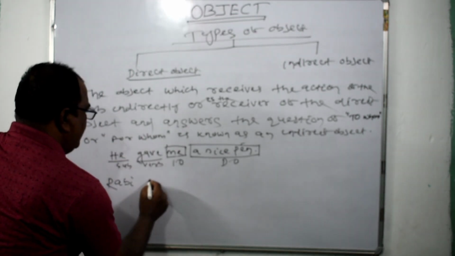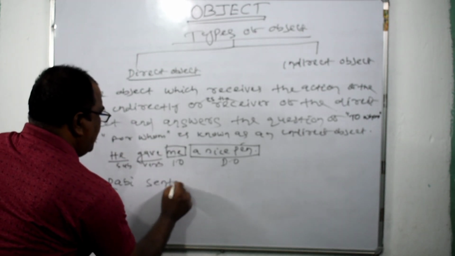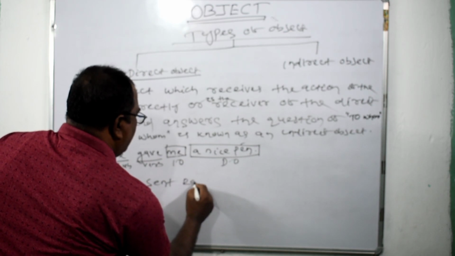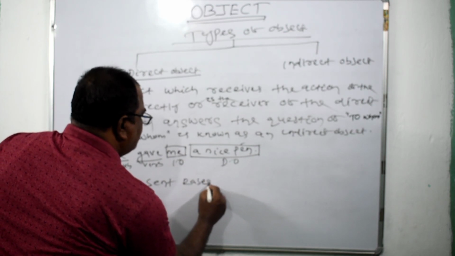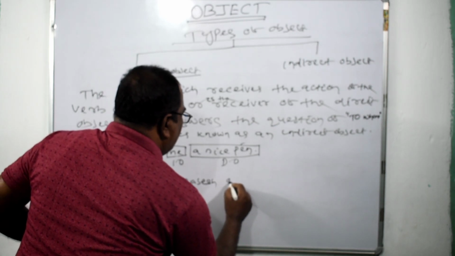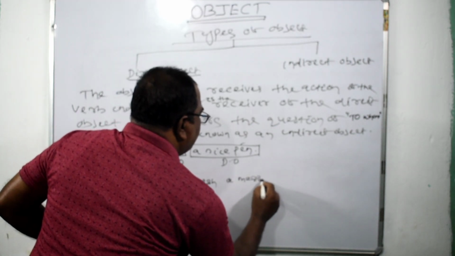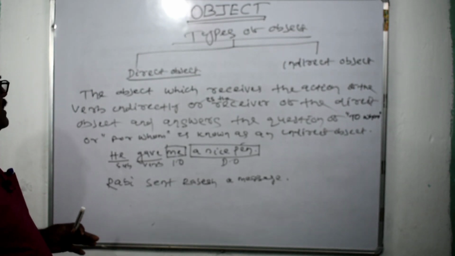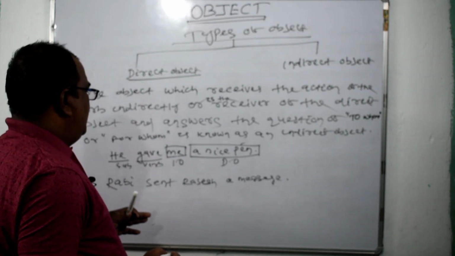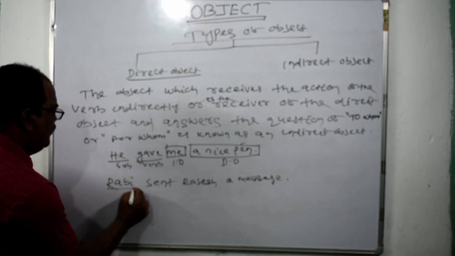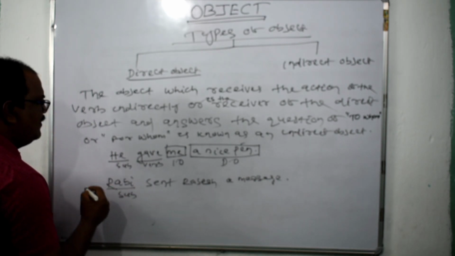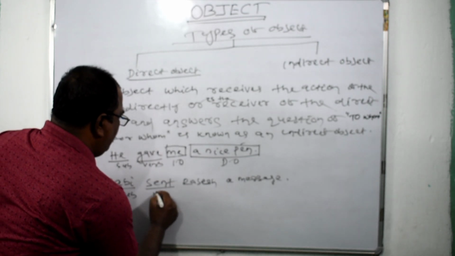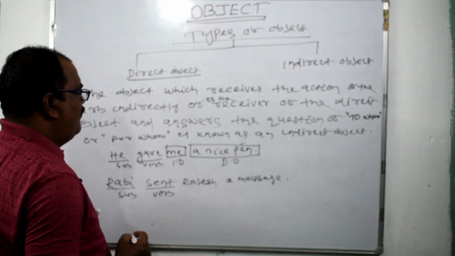Ravi sent Rajesh a message. Who sent Rajesh a message? Ravi. Ravi is the subject. Send is the action word. Therefore, it is the verb.